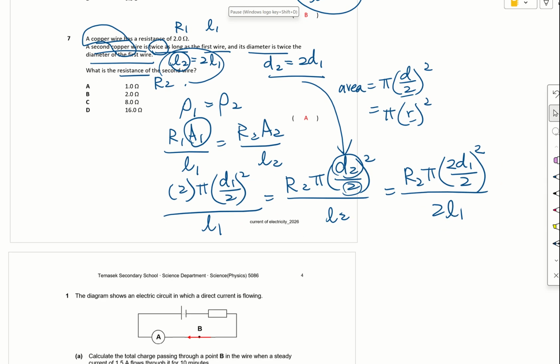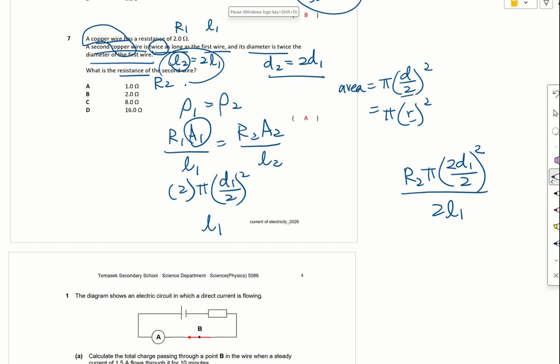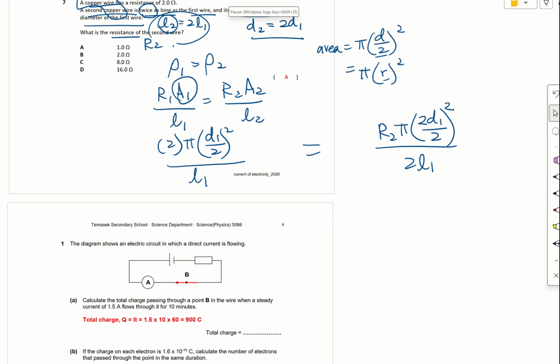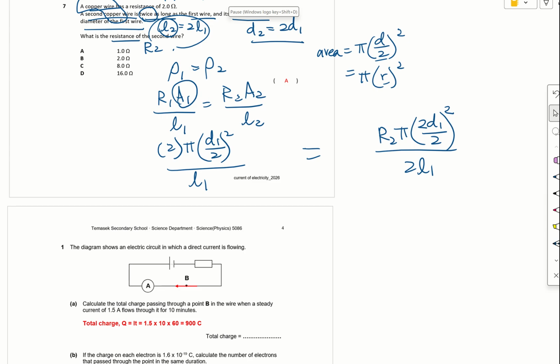Okay, which means this is equal to this. So I make everything into D1 and L1. And I see that L1 and L1 are both in the denominator, so I can cancel them. The pi and pi I can cancel. But what is more difficult is this.